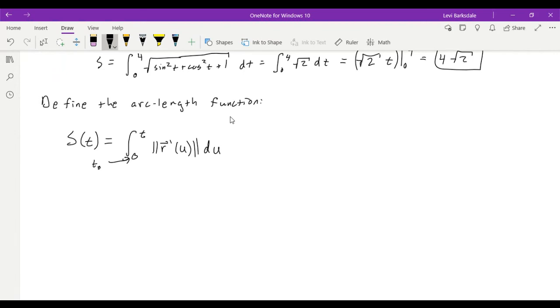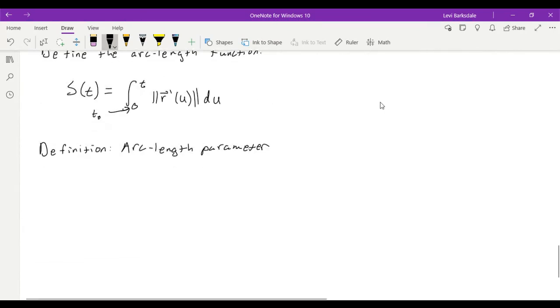And using this arc length function, we can say that there is something called the arc length parameter. This is a special kind of variable.